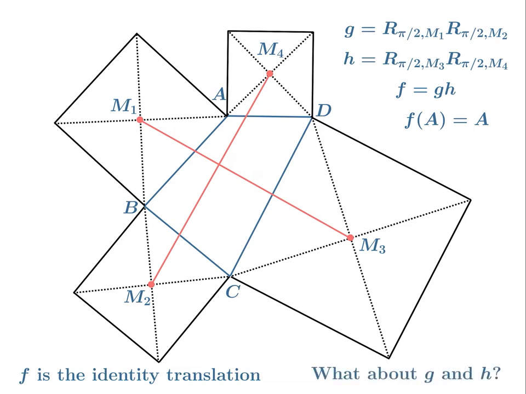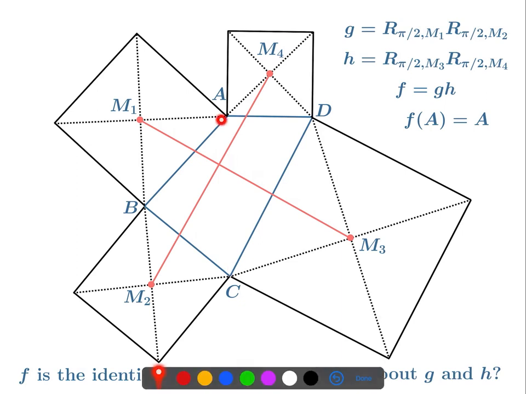What are G and H doing? Well, we already said that G took C to A, and H took A to C. Pi halves plus pi halves is pi. That's not an integer multiple of 2 pi. So this is adding up to pi as well. So they're both rotations around some point by pi. Now you can see what the point is.